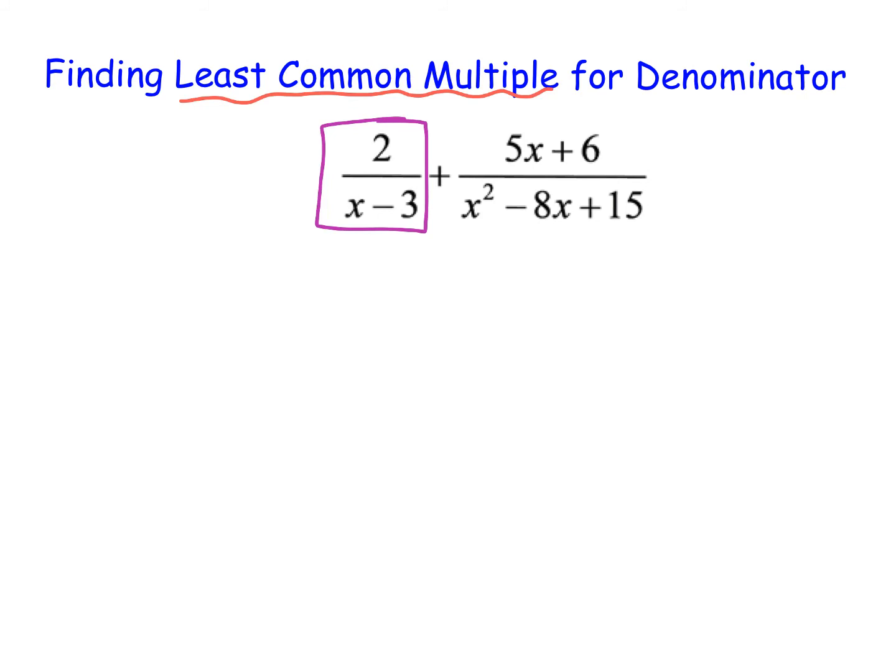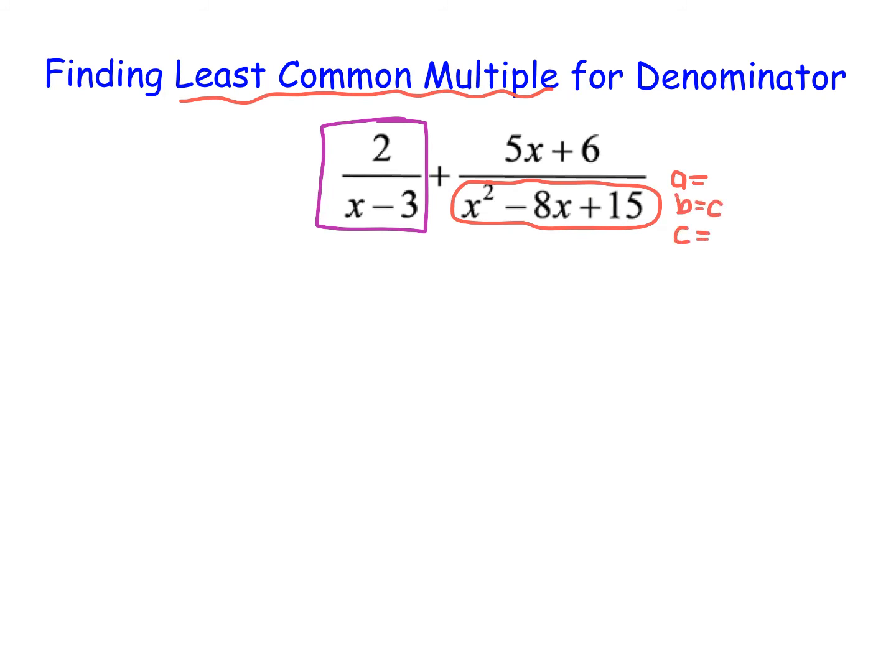But what I notice when I look at the second fraction is that this particular polynomial down in this denominator is not fully factored. So what we're going to do is factor it further and then look it over and see if we're close to having a common denominator or if we need to do something more. So here, to factor this further, I'm going to look at my a, b, and c values.